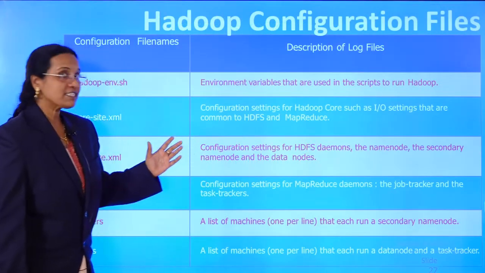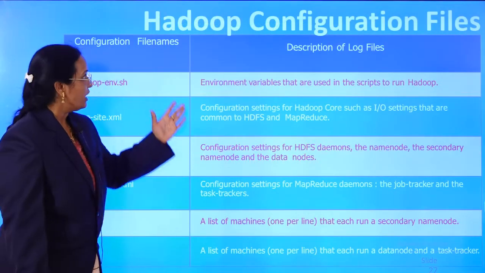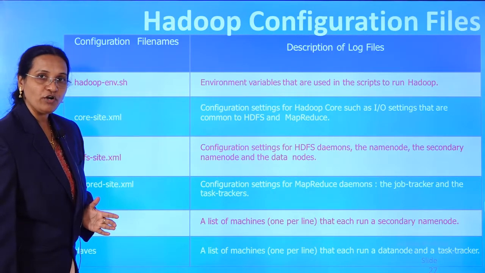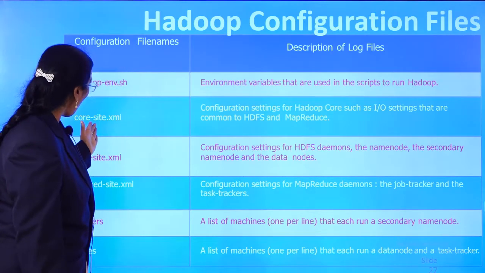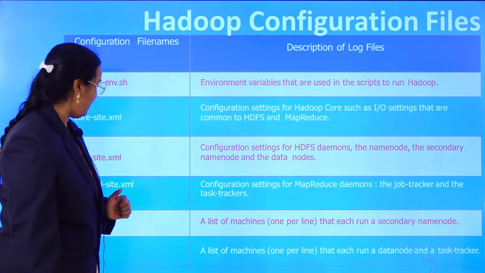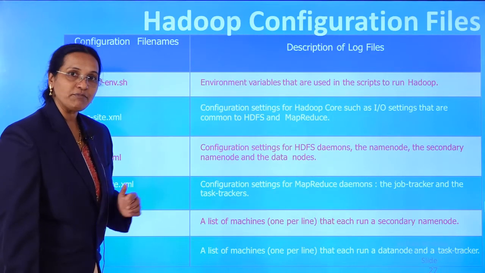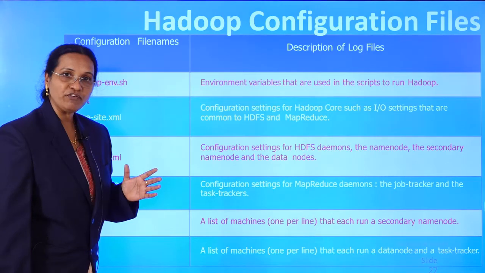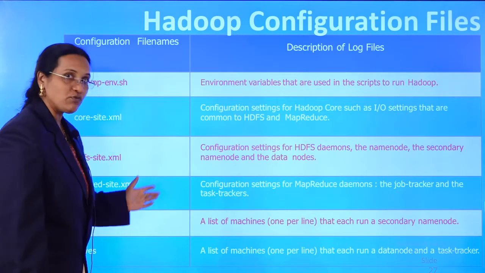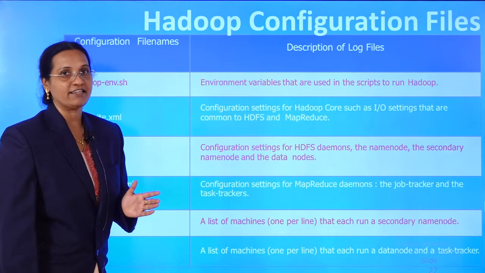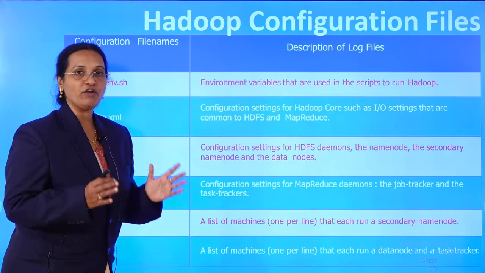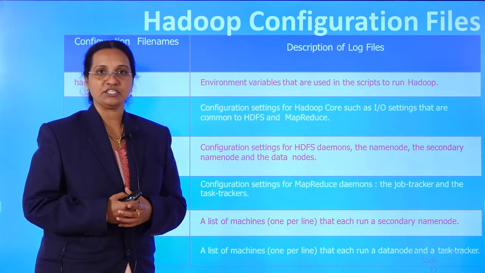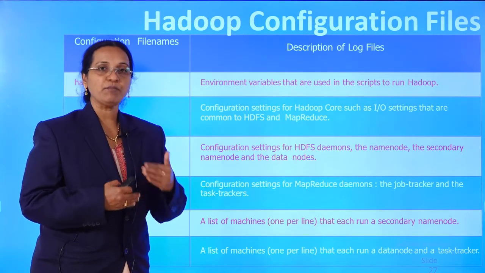In our previous class, we have seen these configuration files. Hadoop-env.sh is one configuration file, core-site.xml is one, hdfs-site.xml is one, mapred-site.xml is one, master is one, and slave is another configuration file. These we have already discussed in our previous sessions, so just revise their importance.